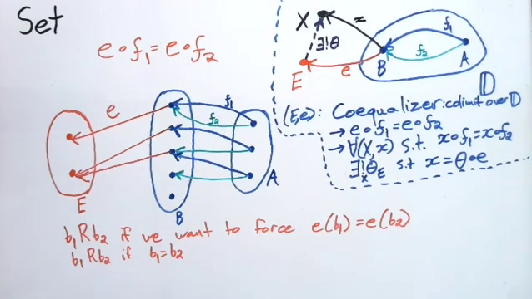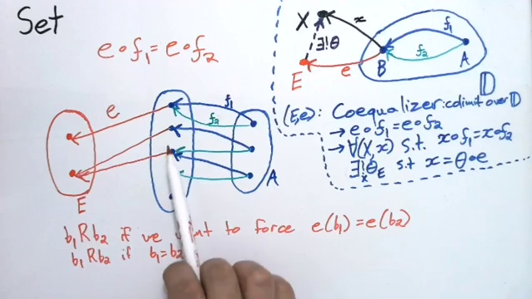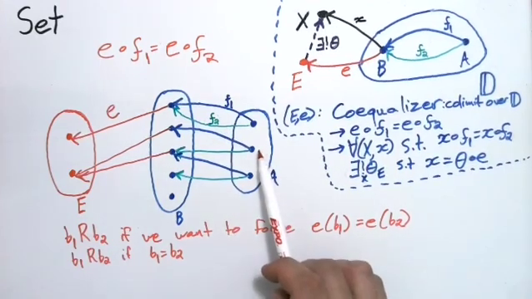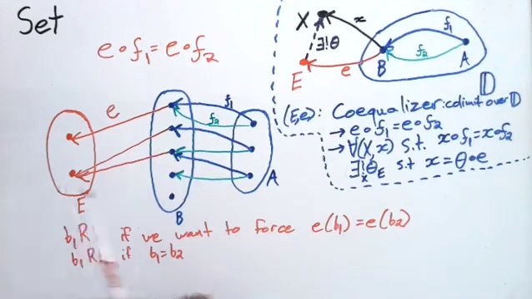Well, what's the next situation? Well, it's the one we just talked about. These diverge. And so in that case, we need to have that these two elements, which are the image of F1 and F2 respectively of this element here in A, we want to force those to go to the same element by E in capital E. So how do we do that?